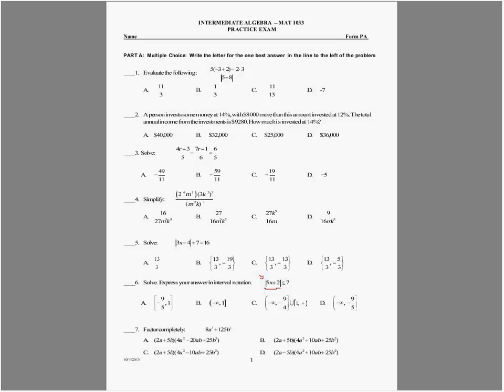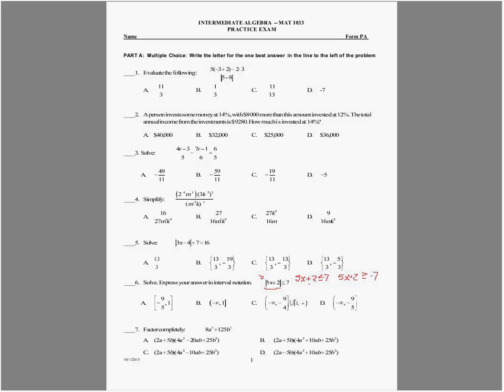The first way is to just drop the absolute value bars and leave it as is. The second way is to drop the absolute value bars, flip the inequality, and make what's on the other side negative.